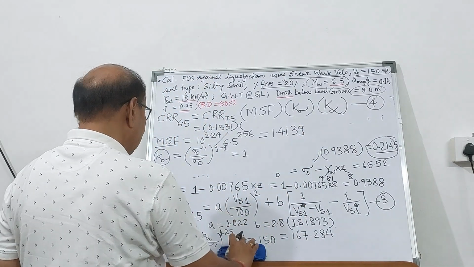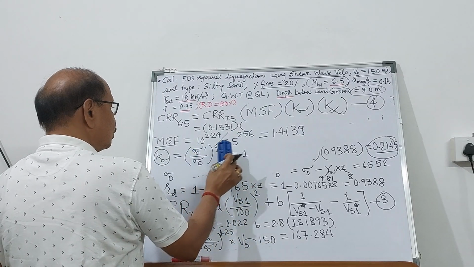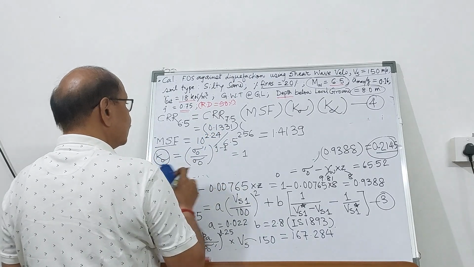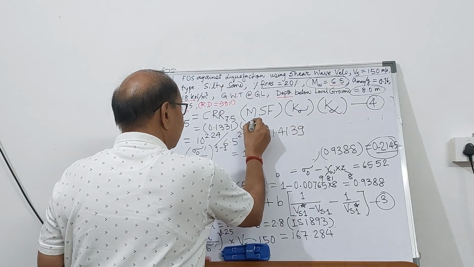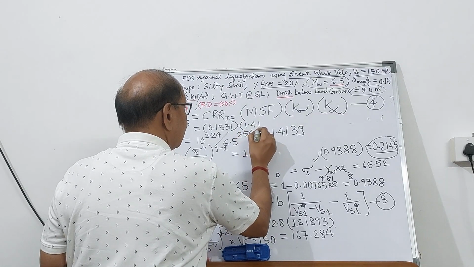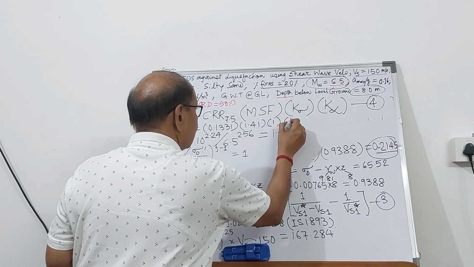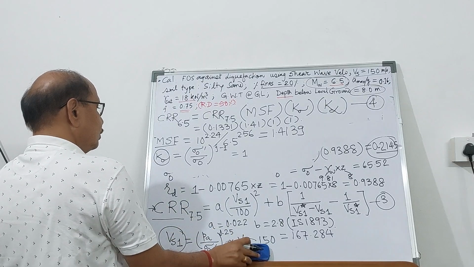So therefore, I can substitute all the values, and MSF here is 1.41 into 1 into 1.